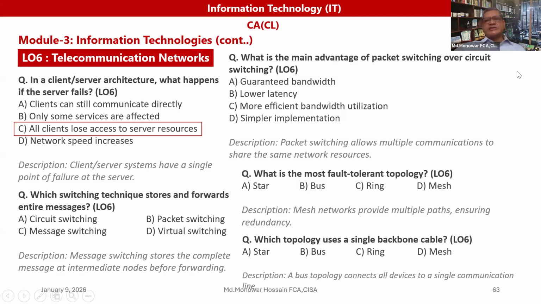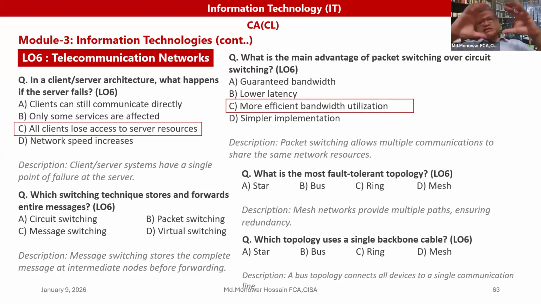What is the main advantage of packet switching over circuit switching? We know it is more efficient bandwidth utilization, because messages are divided into small packets. Those packets run within the network and are assembled at the receiver.